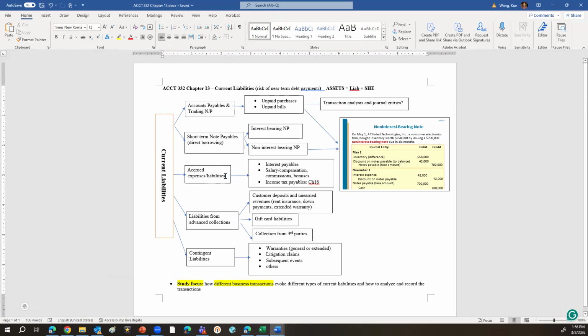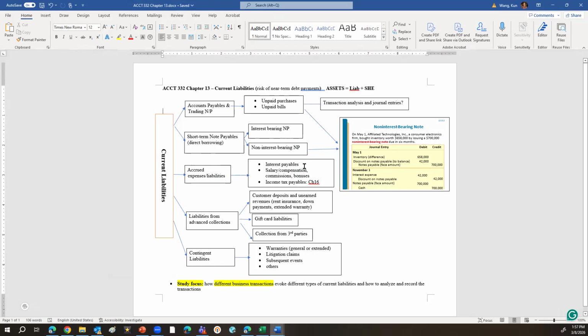The next big group is called accrued expenses, or accrued liabilities. In this group, a common item is interest payable. That's related to the notes payable, interest bearing or non-interest bearing, both cases.